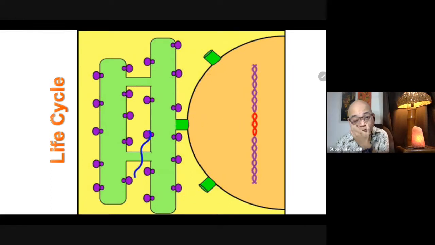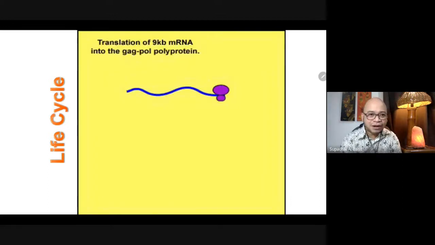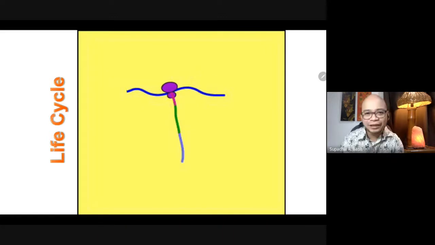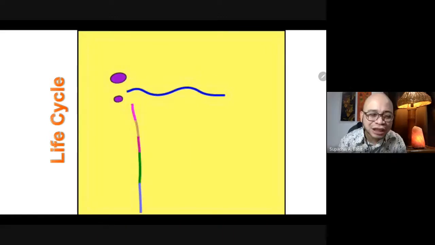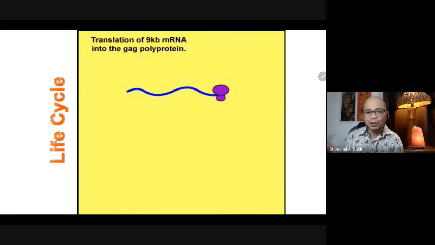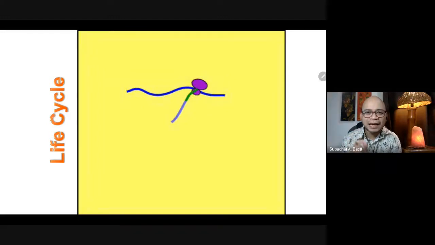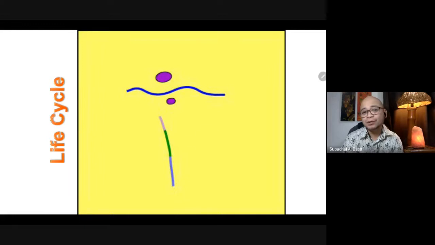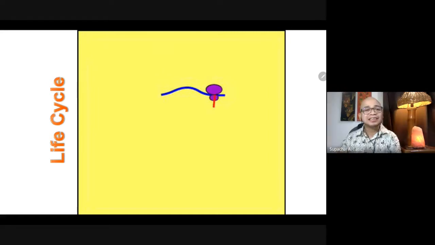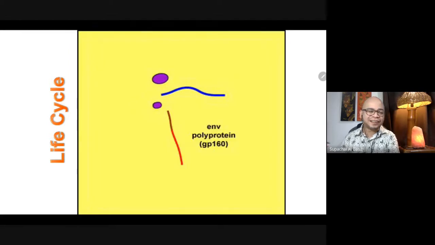Proteins are now being encoded, and these are long proteins, and they need to be organized. So this is where the protease enzyme will come in. The protease enzyme will cut the long strands of amino acids so that viral assembly could be facilitated.